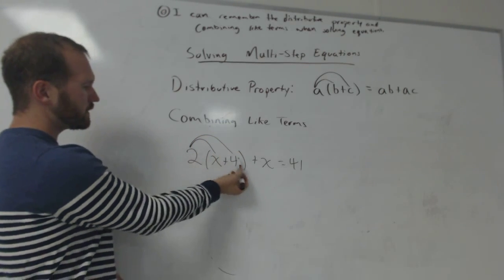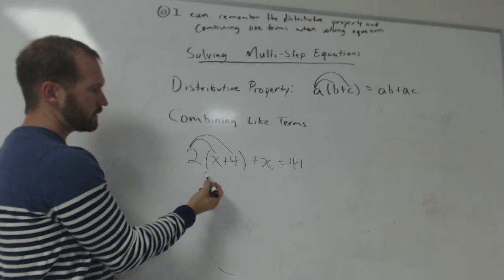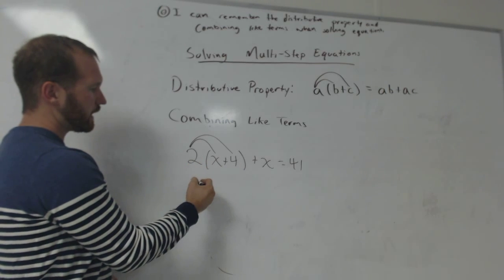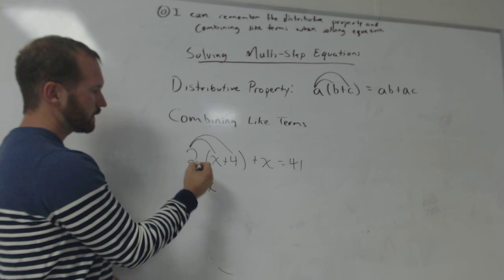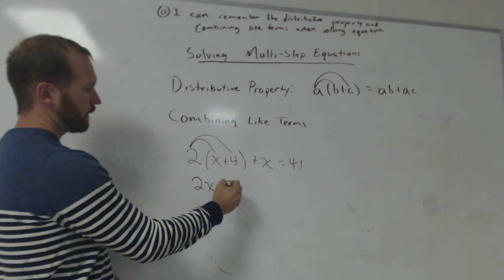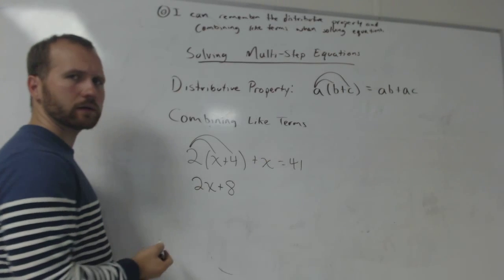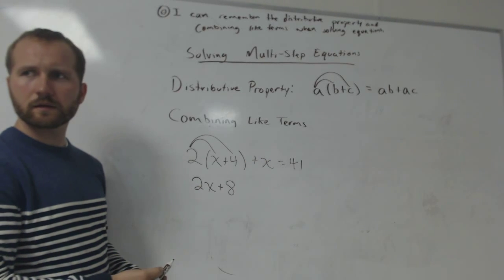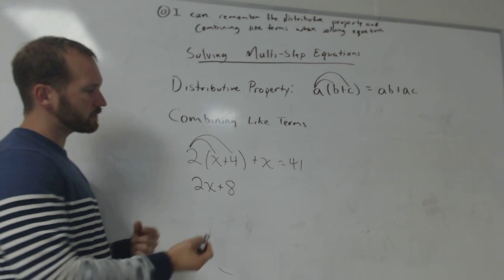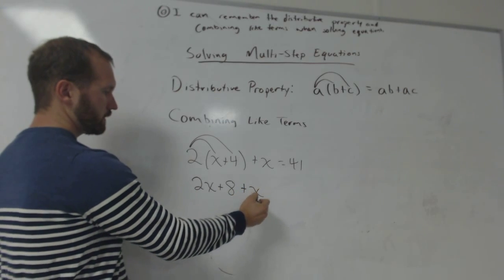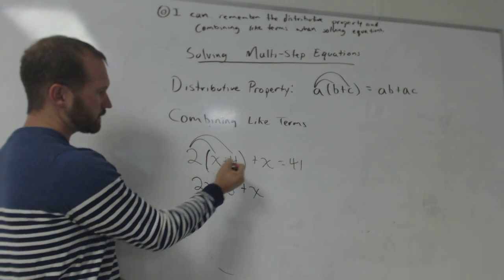So if I distribute the 2 across the things in parentheses, I have 2 times x, which is 2x, plus 2 times 4, which is 8. Does the 2 multiply times this x? No, because it's not contained in those parentheses. So the 2 affects what's inside these parentheses.